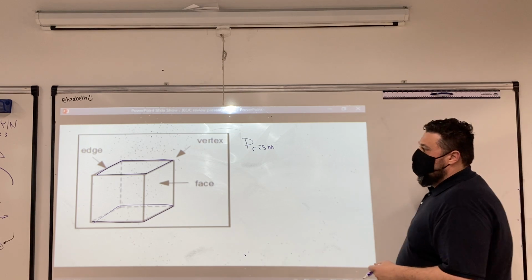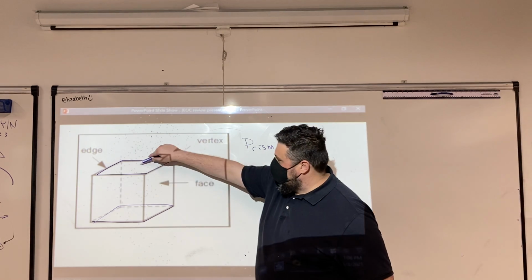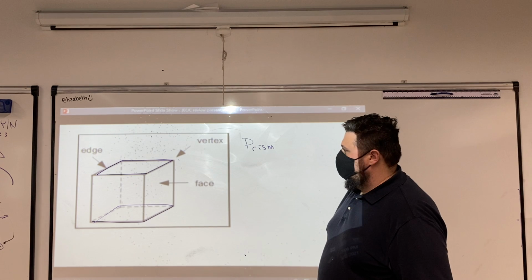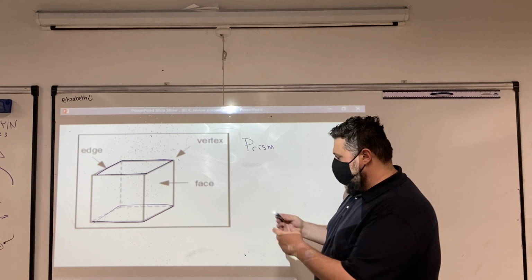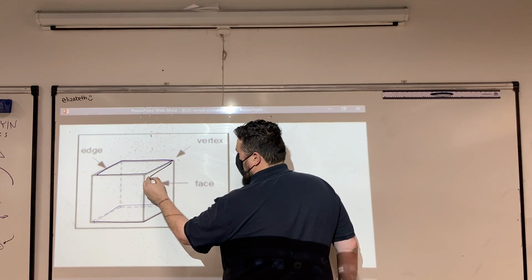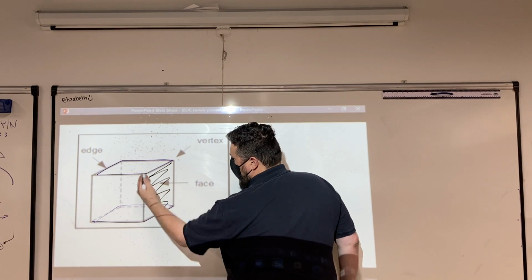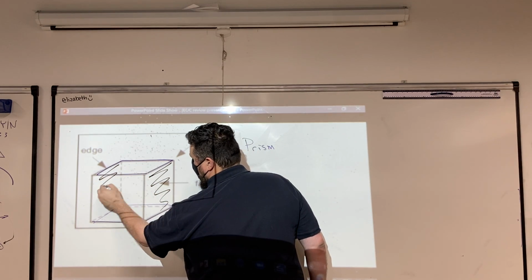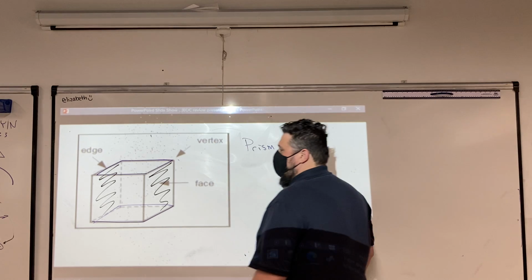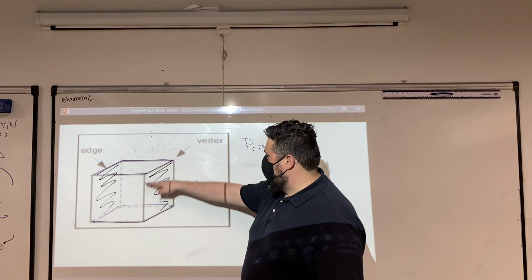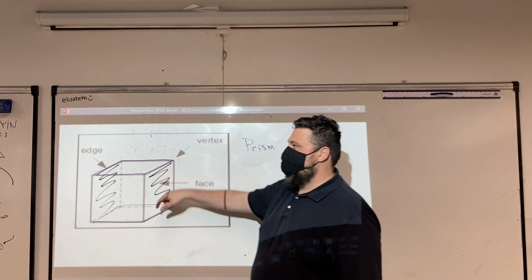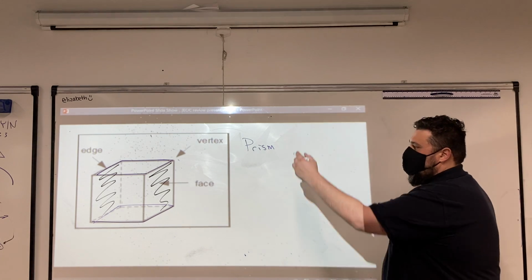Now, these two faces are opposite. This face, this right-hand side, and this face are opposite. So I can identify this as a rectangular prism because these are opposite. Then the front and the back.